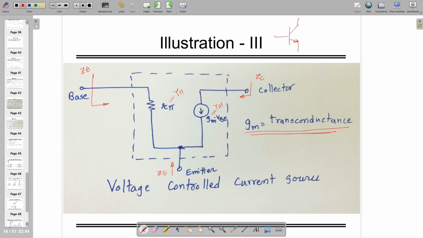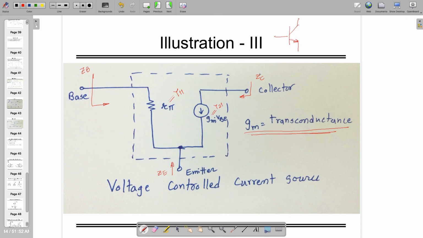What is ZB? Write down whatever you can. What is Z collector? That's a little difficult. Any answer? How many are saying that it's 1 by Gm?